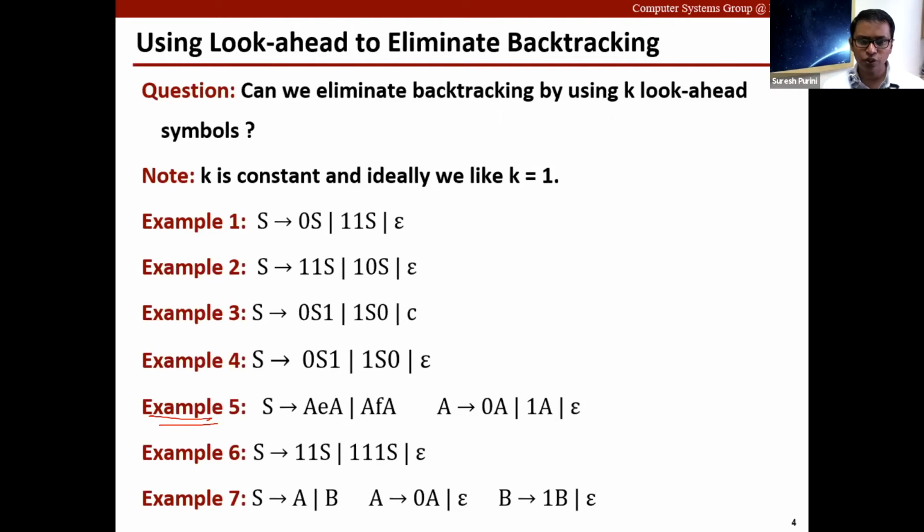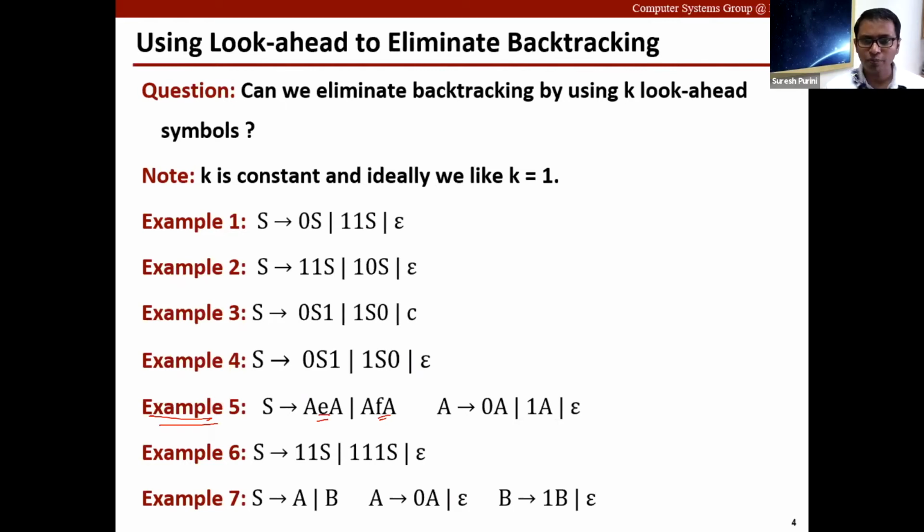One substitution rule results in the generation of the terminal symbol E in the string, and the other substitution rule results in the generation of the terminal symbol F in the string. Put another way, if the input string contains E, then we should be using the first substitution rule, and if the input string contains F, then we should be using the second substitution rule.